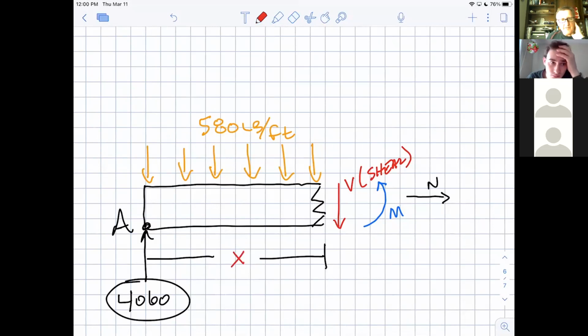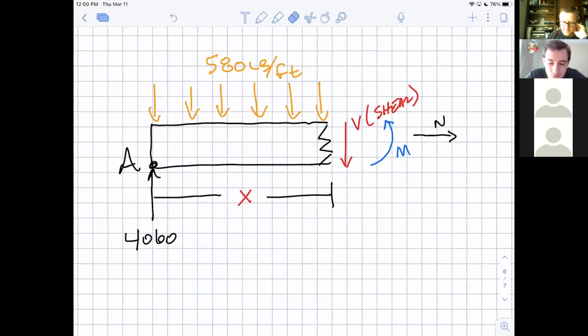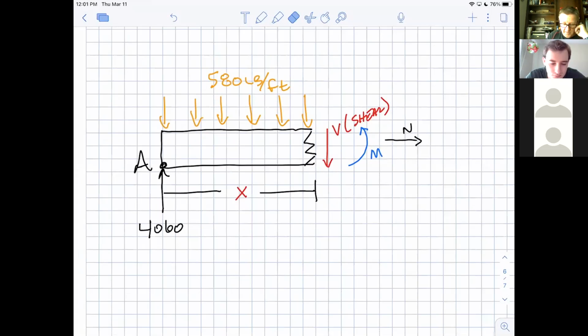Let's have that be x now. So the question is, can we write a formula for the sum of the moments, except for at x, not at 6, not at 2.